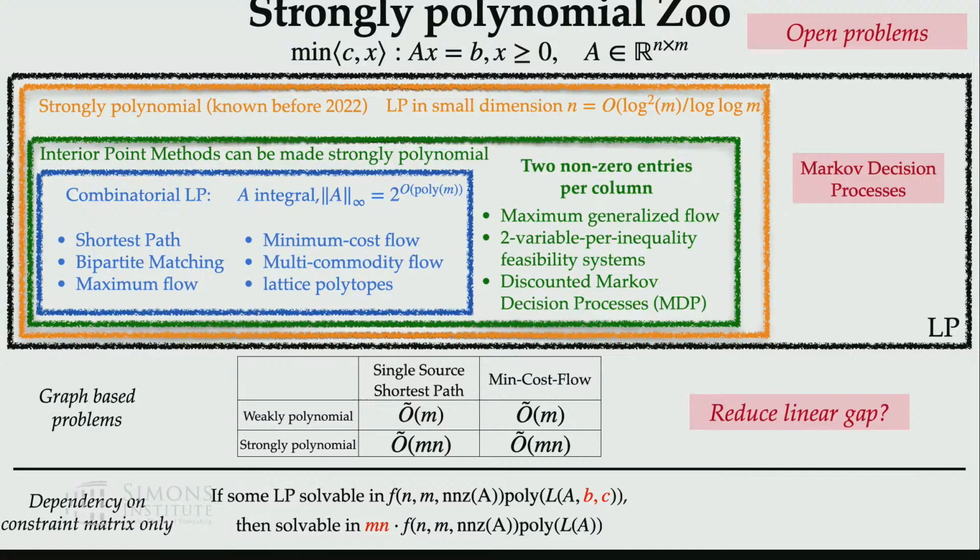So mn comes in the front of it. Of course, we see that for graph-based problems, this gap is linear, but here it is quadratic. So a question would be, can you reduce this quadratic gap to something that is smaller? Okay, and I guess I'm at the end of my talk. Thank you.